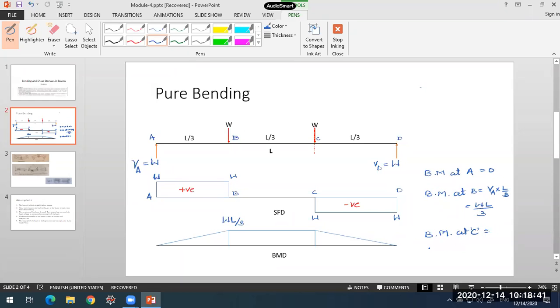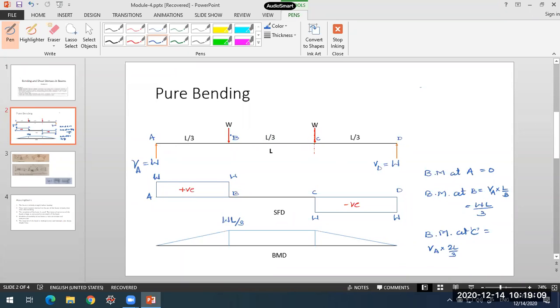So it will be VA into 2L by 3, because what is the distance of VA from my point C? L by 3 plus L by 3, so VA into 2L by 3. Left side clockwise, I have taken that positive. Then because of this concentrated load W at B, what is the moment at C? Due to this W, the moment at C is W into L by 3.